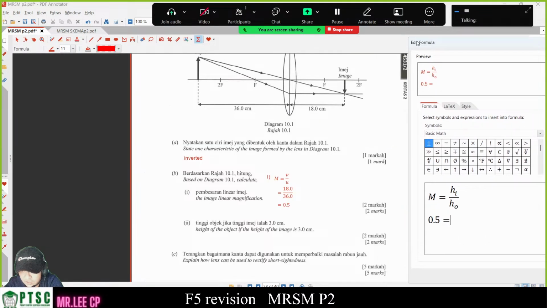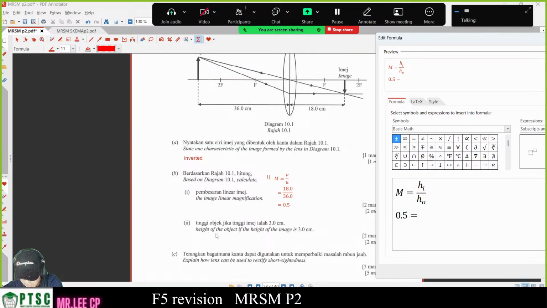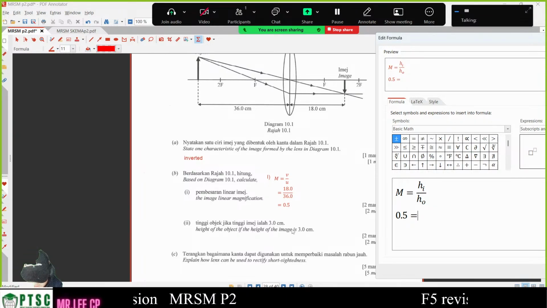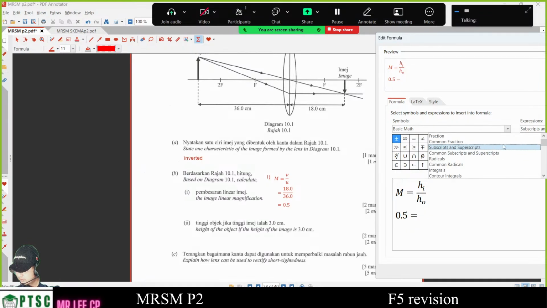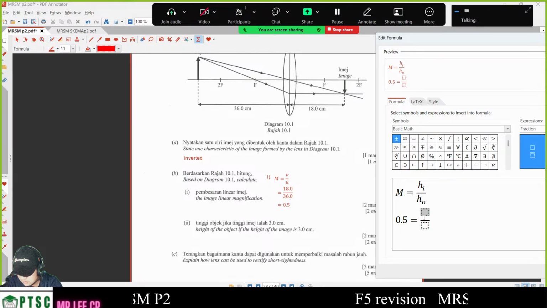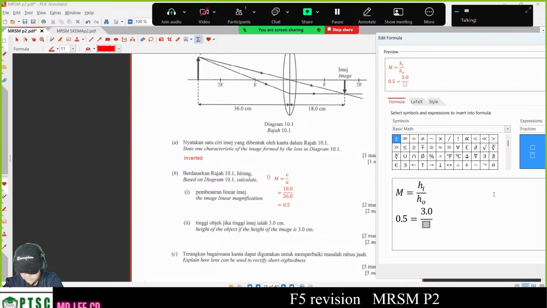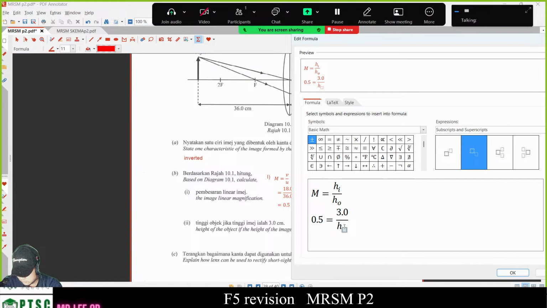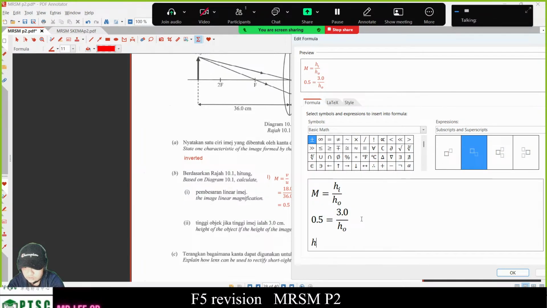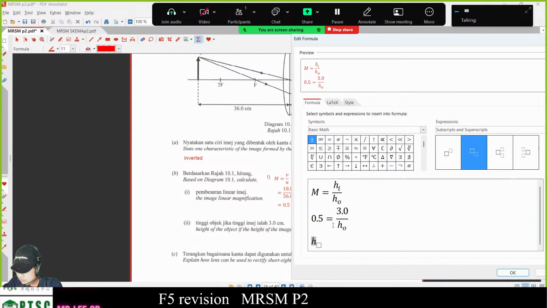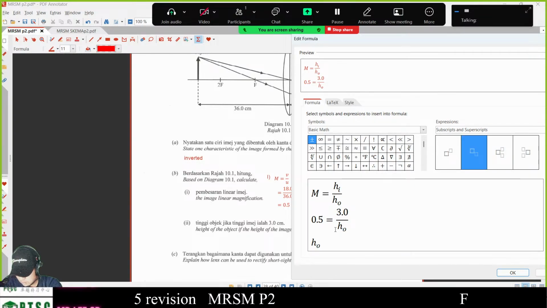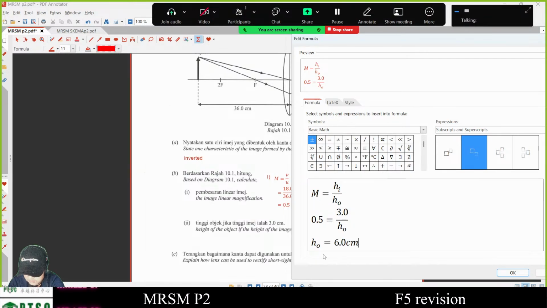If the height of the image is 3.0, the height of the object I don't know. So the height of the object is, this one goes up, this one goes down, right? 3 divided by 0.5, it is 6 cm.